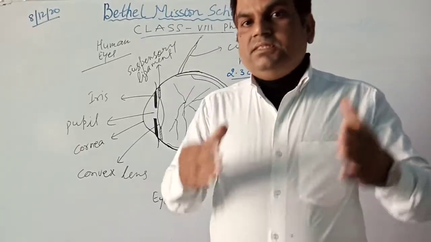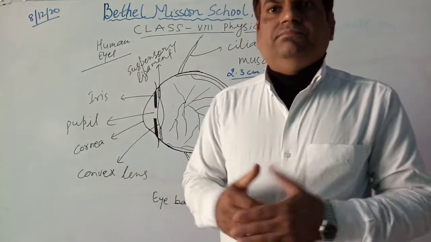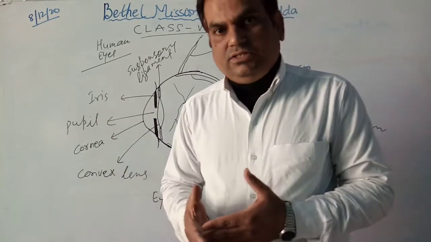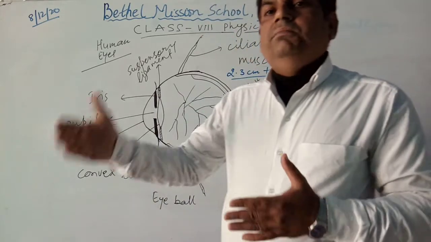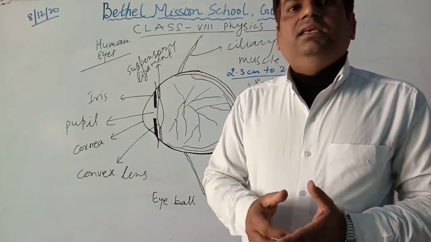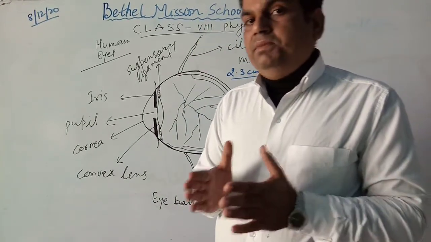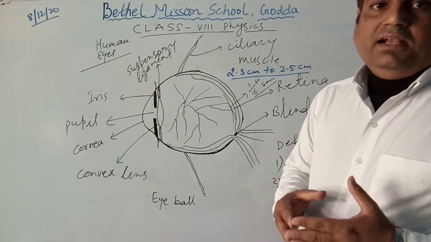Night blindness means the person is unable to see in dim light or at night, and this disease is due to a lack of vitamin A. So if we properly eat food rich in vitamin A, then we can avoid night blindness.